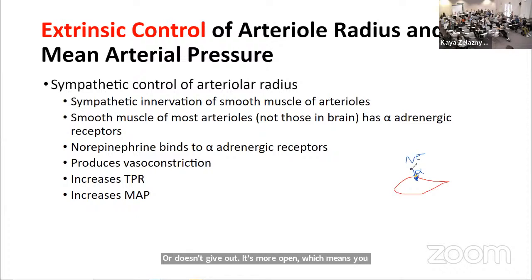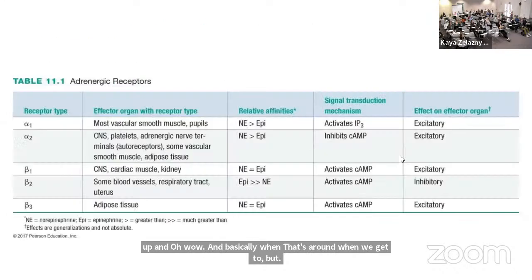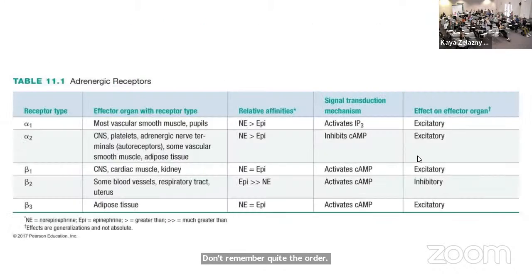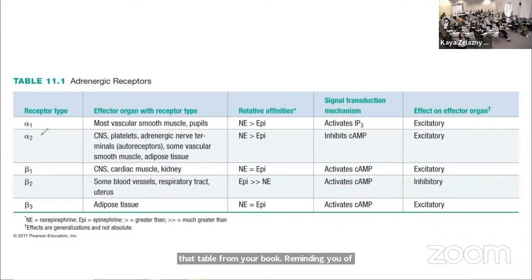We'll talk about why blood pressure drops when you stand up in a while. Basically, I think that's around when we get to veins, but I don't remember quite the order at this point. Okay, so here's just that table from your book, reminding you of our types of receptors. Now we are paying attention to what effector organs have each type of receptor.